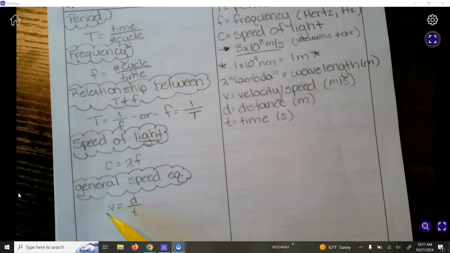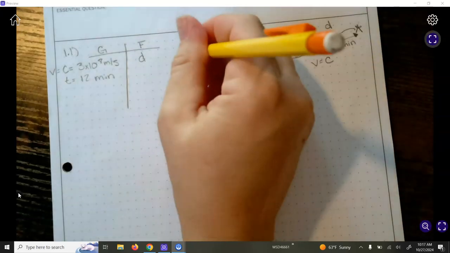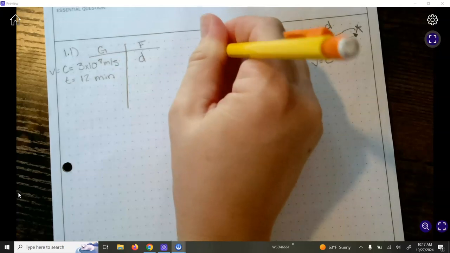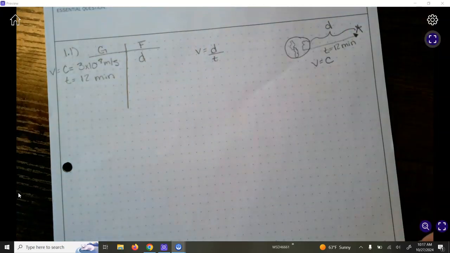And yes, it's supposed to be a letter C, but like I said, we can use the letter V. We also know the time, and we're trying to find the distance. Can we solve this equation if we have 2 of the 3 variables? Absolutely we can, okay? So we're going to write this equation over here. V equals D over T. But there's a problem first. We need to fix something in our given column. What is the problem with one of my variables in the given column?